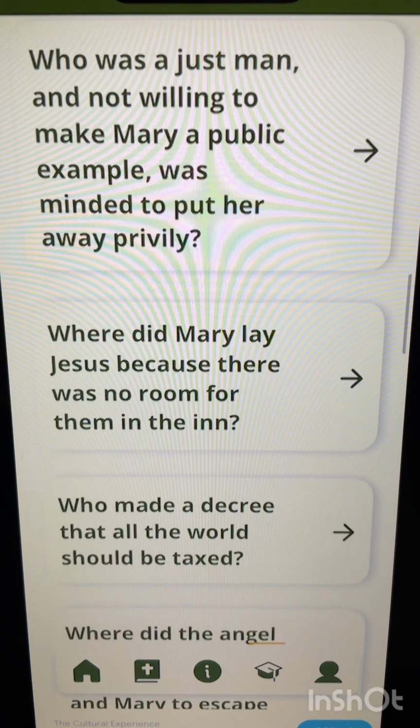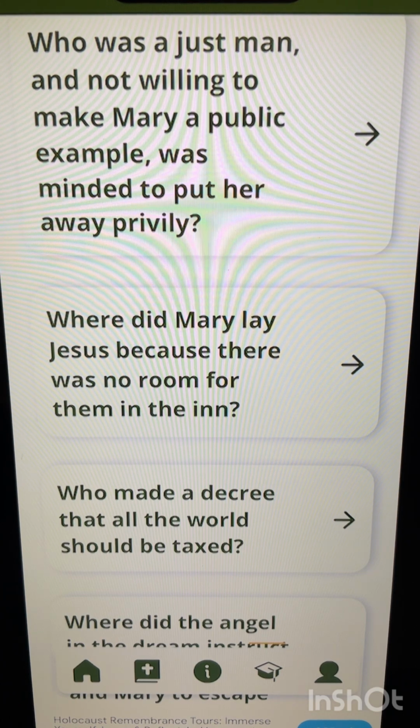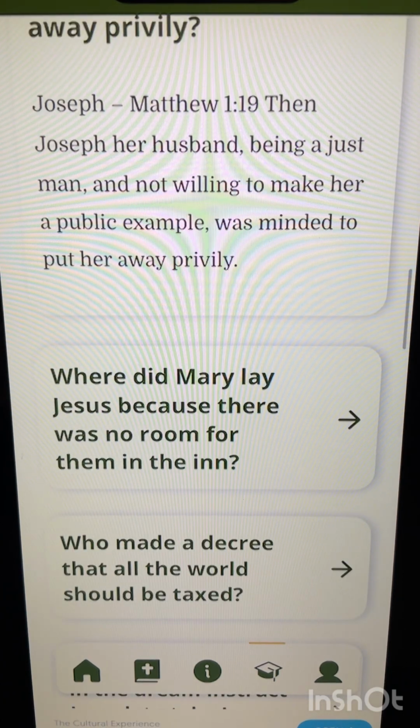Who was a just man and not willing to make Mary a public example, was minded to put her away privately? And the answer goes, Joseph.